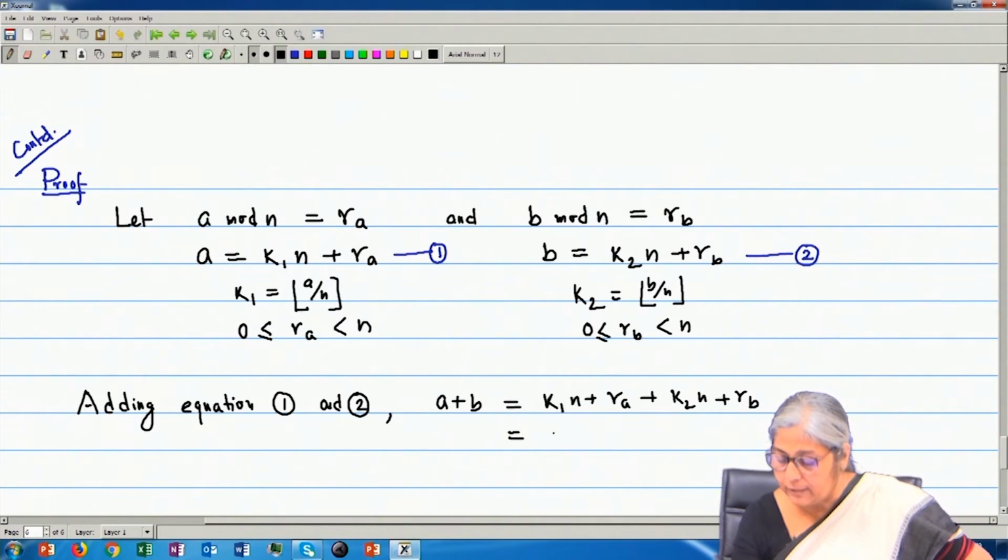So, I can write this as r a plus r b plus n times k 1 plus k 2.